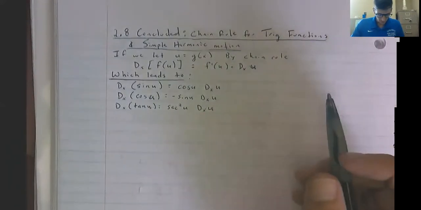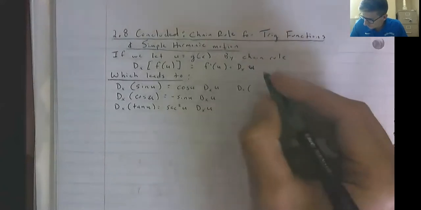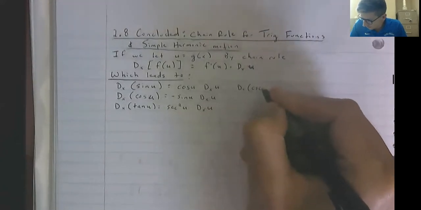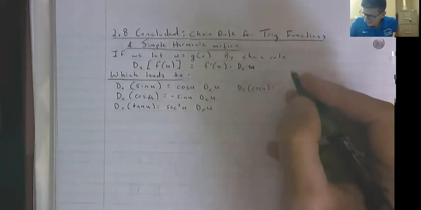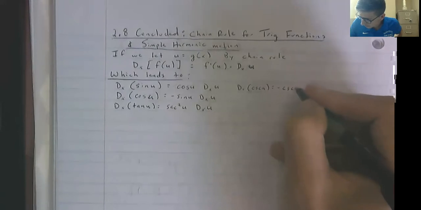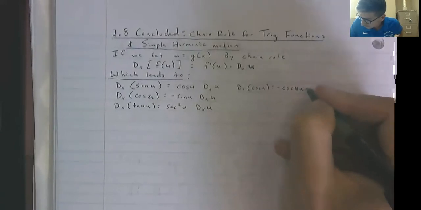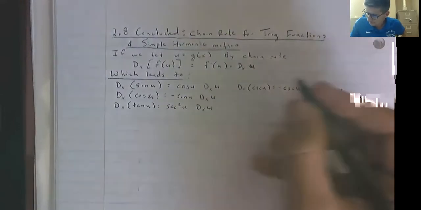And then our remaining guys: the derivative of the cosecant of u is equal to the negative cosecant of u cotangent of u times the derivative of u.